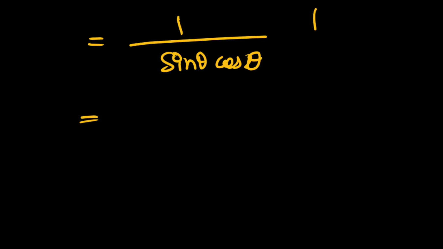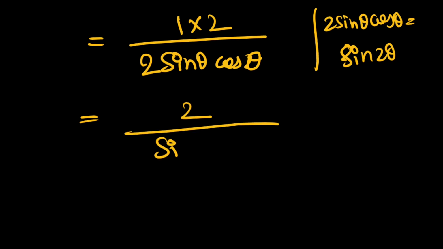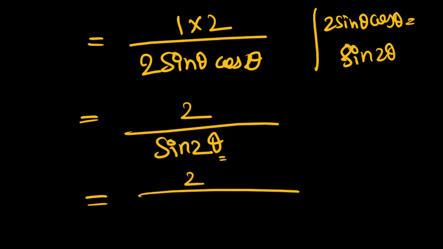We know that 2 sine theta cos theta is equal to sine of 2 theta. So if we multiply by 2, we get 2 over sine 2 theta. Now we put the value of theta. In the beginning we wrote theta is equal to half of sine inverse 2 by 3. So k is equal to 2 over sine of 2 multiplied by half sine inverse 2 by 3.